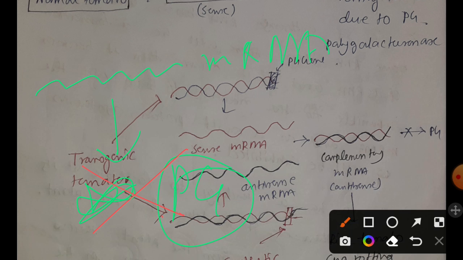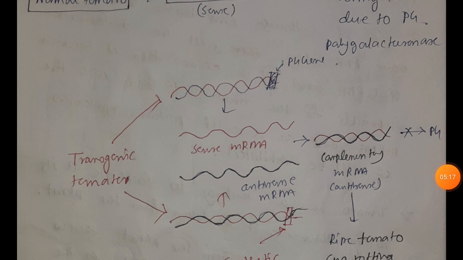Okay, it is not possible. So they thought to do something to this mRNA, which is ultimately facilitating the formation of the PG enzyme. Okay, so let's see what they do.